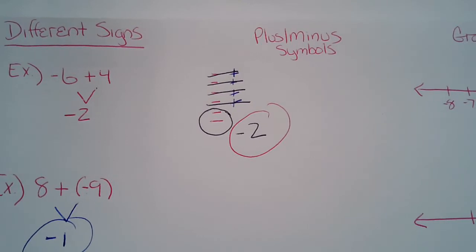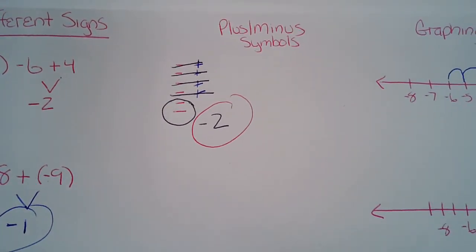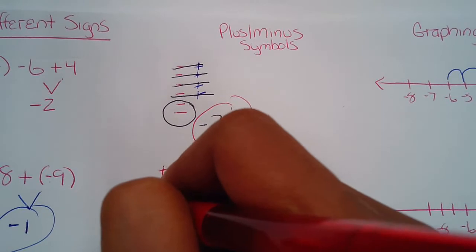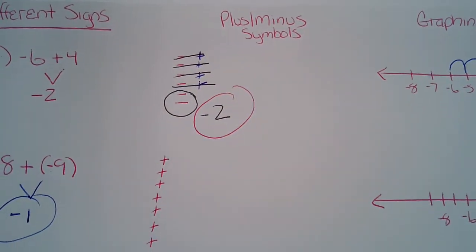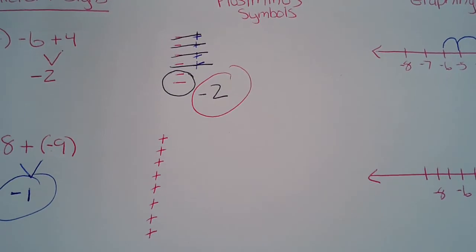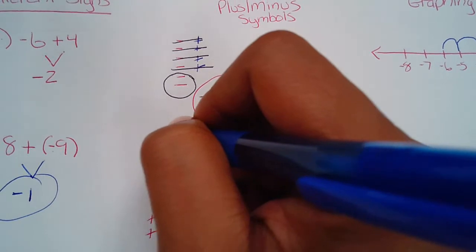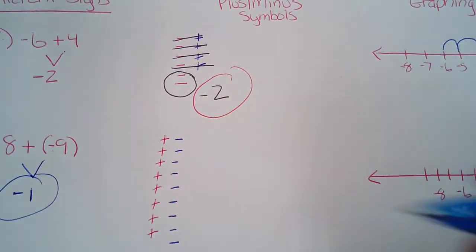Let's use our same plus minus symbols to visualize that. So in this case, I'm going to write 8 positives. 1, 2, 3, 4, 5, 6, 7, 8. I'm going to add to that 9 negatives. 1, 2, 3, 4, 5, 6, 7, 8, 9.